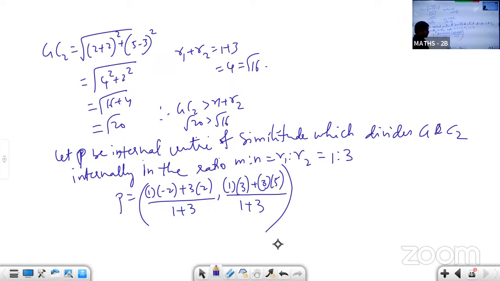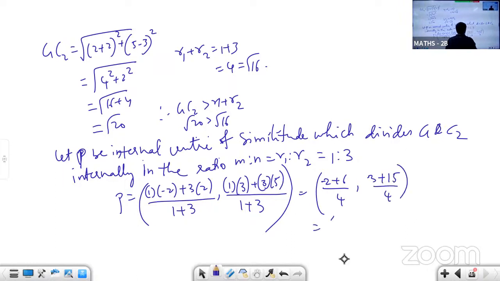Internal section formula: mx2 plus nx1 by m plus n, my2 plus ny1 by m plus n. So that you are going to get it as (2 plus (-2) plus 6) by 4, comma, (3 plus 15) by 4. This is 4 by 4 comma 18 by 4.